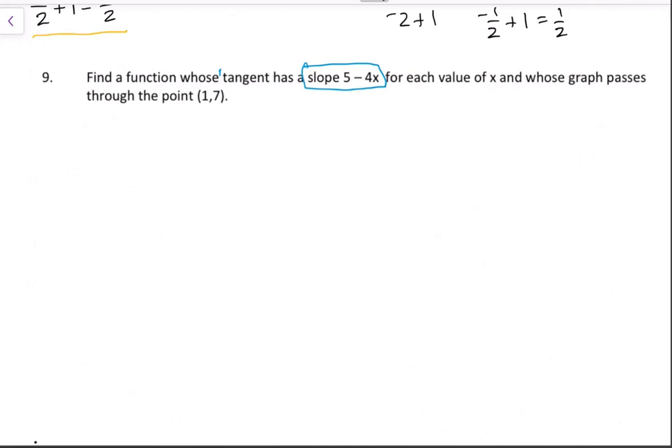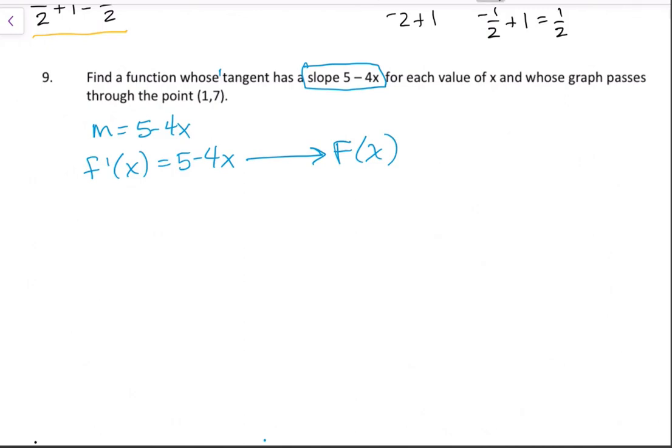So what we've been told by being told that the slope is 5 minus 4x, we're being told that the derivative of the function is 5 minus 4x. And we want to go back to what the actual function is. So if I want to move from a derivative back to a function, that's what integration is.